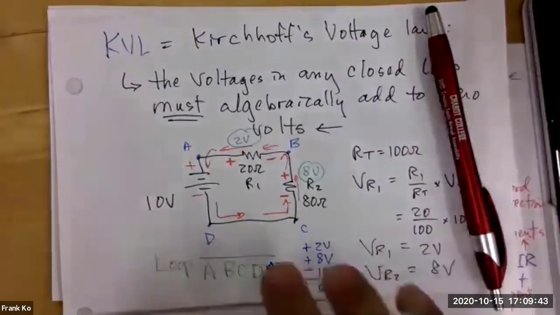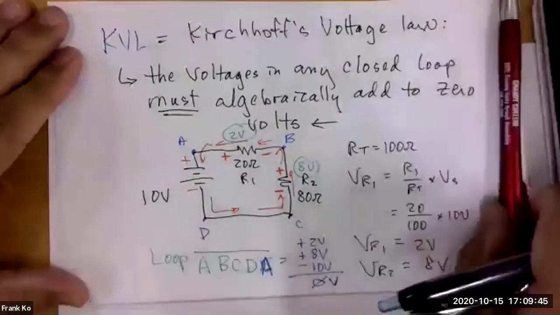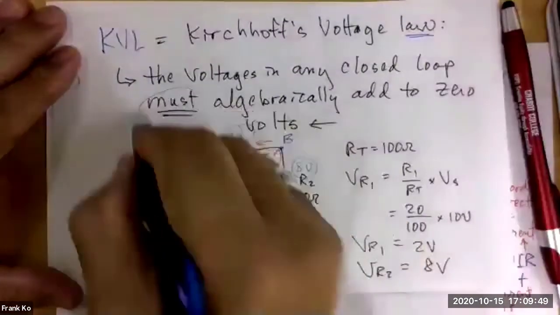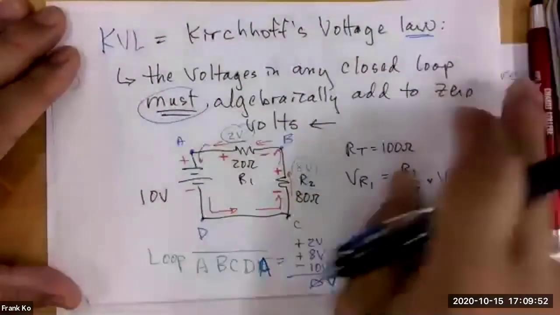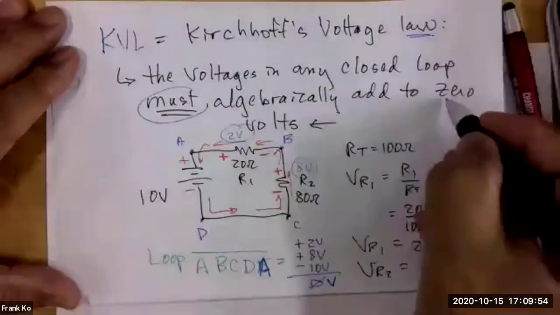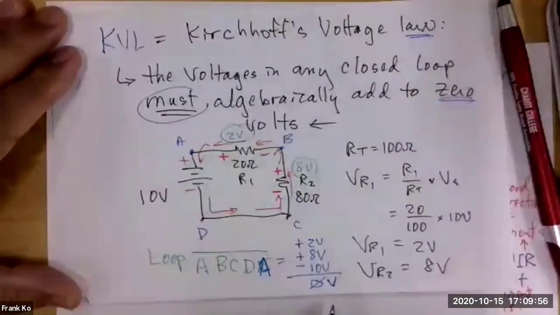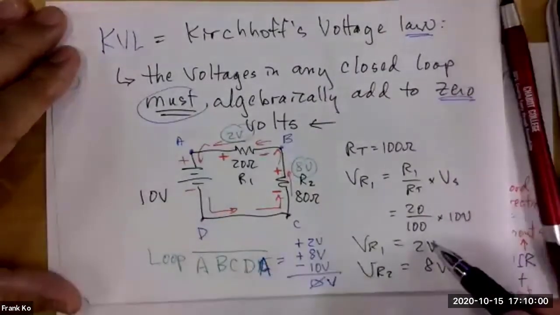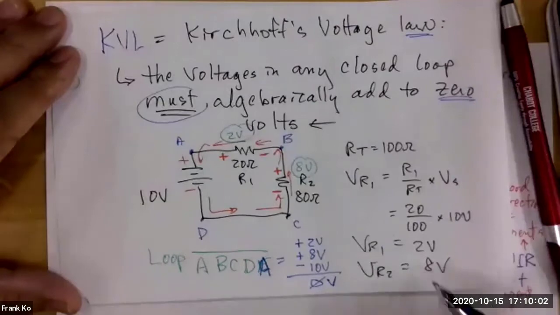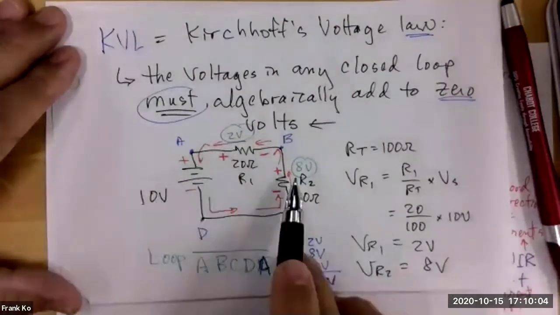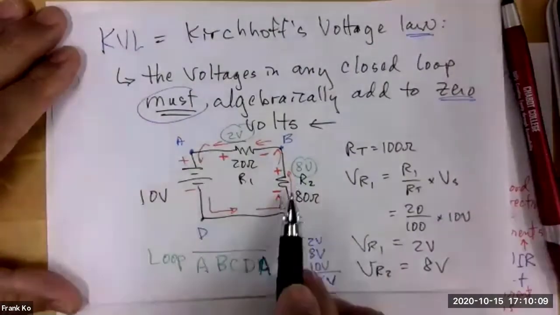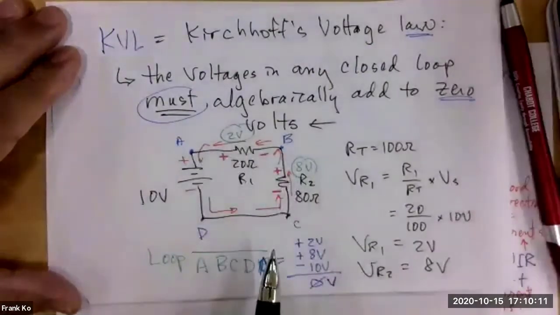Yes. Kirchhoff's voltage law is absolute. It's a law. It's not a theory. It's not a hypothesis. It says must. These voltages in any closed loop must algebraically add to what? 0. And so this confirms your basic calculation of 2 volts and 8 volts as being correct in the right places, and it also confirms your polarities, which also confirms your directions of current flow.